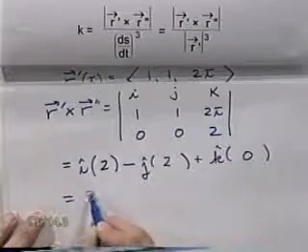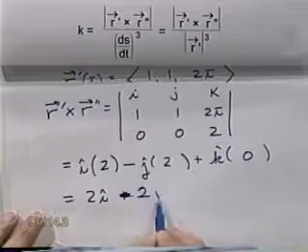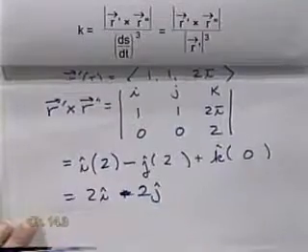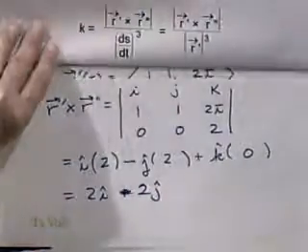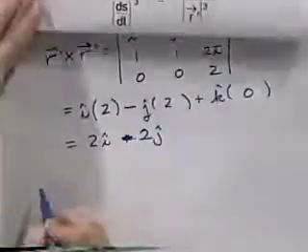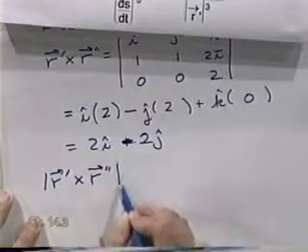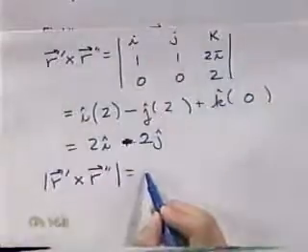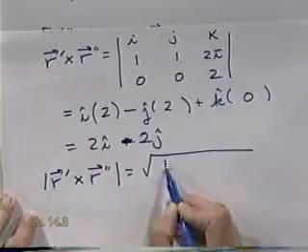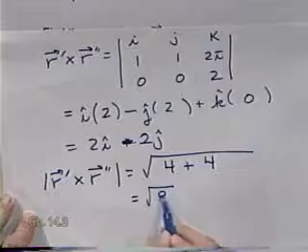So I have the vector 2i minus 2j. The formula says the magnitude of r prime cross r double prime, which is the magnitude of this vector: the square root of 2 squared, which is 4, plus negative 2 squared, which is 4. So I get the square root of 8.